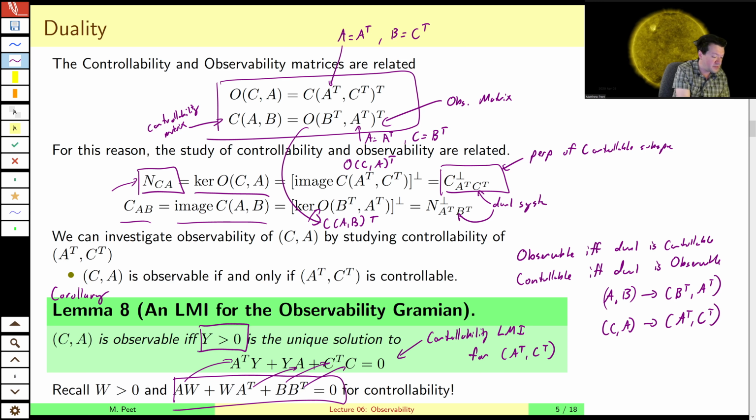And then nicely, of course, that gives you the observability Grammian for the system. So in a sense, we get observability and all of its corollaries, all of the LMIs, for free, just because we've already studied controllability so well and we applied duality.